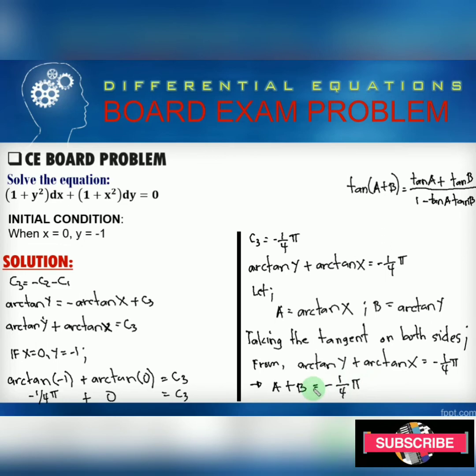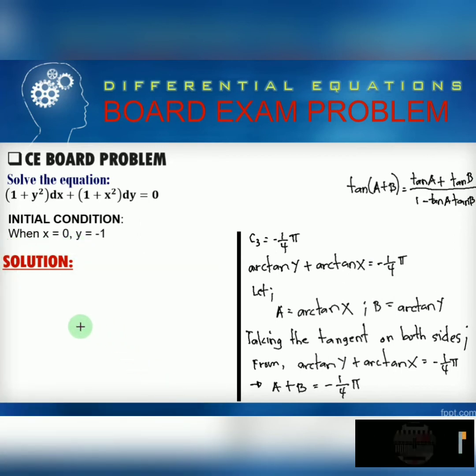I think we will better understand if we have this form, in which we assign A as the arctangent x and your B as the arctangent y. So therefore, their sum is A plus B equal now to negative 1/4. Okay, so proceeding with our calculation.